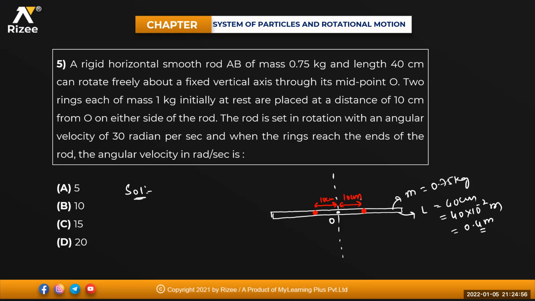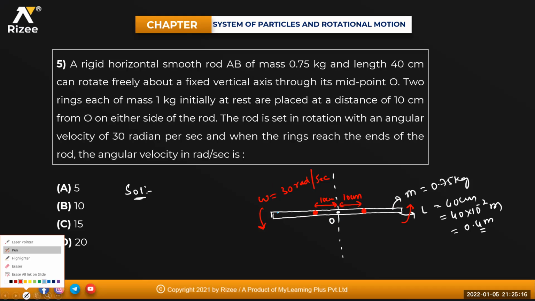The rod is set in rotation with an angular velocity, so this is omega, this is omega, with an angular velocity of 30 radians per second. When the ring reaches the ends of the rod, what is the angular velocity? What is being asked is, when the rings reach this end, what will be the angular velocity? Omega dash equals how much?